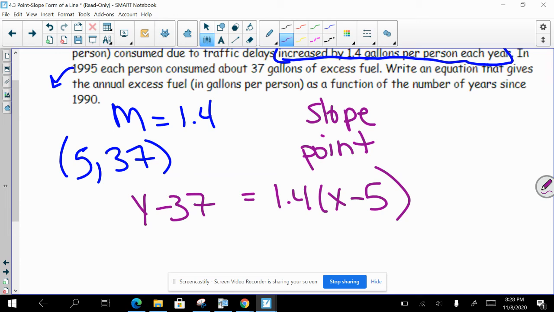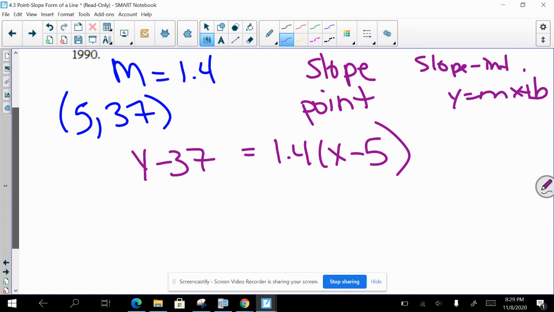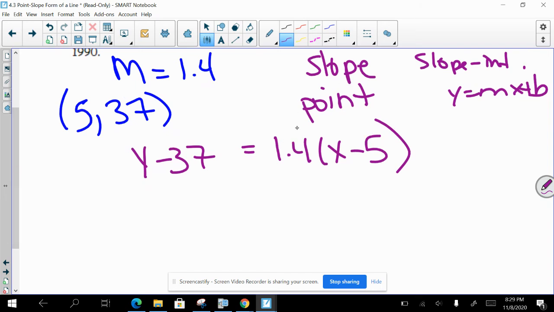Let's say now that it actually wants us to put it in slope-intercept form, which is y equals mx plus b. Okay, all you would need to do is just convert it into slope-intercept form, which is actually not that hard. So the first thing you would want to do is get rid of the parentheses by distributing the 1.4.